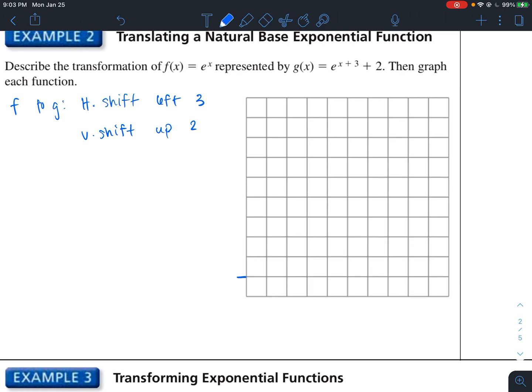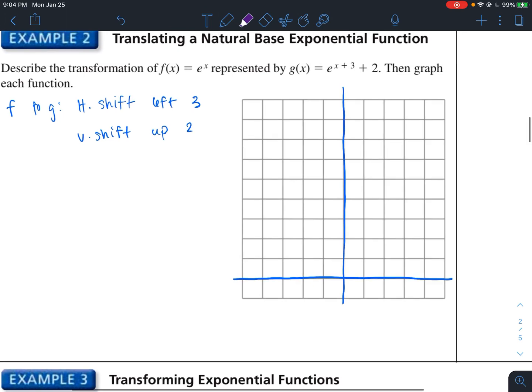So I'm still going to keep my x-axis right there, and my y-axis I'll go ahead and keep right there as well. Now I know that my asymptote is moving up 2 units because my function is moving up 2 units, so there's my asymptote. So my natural base function will look like this from here, but also it's moving to the left 3.